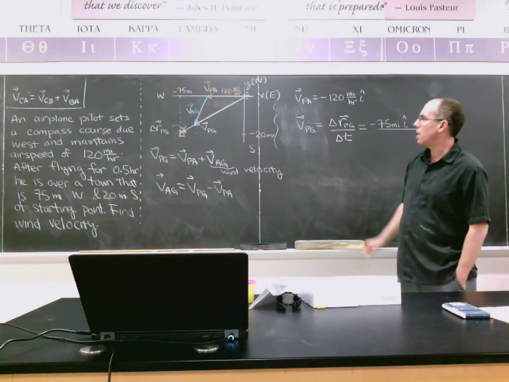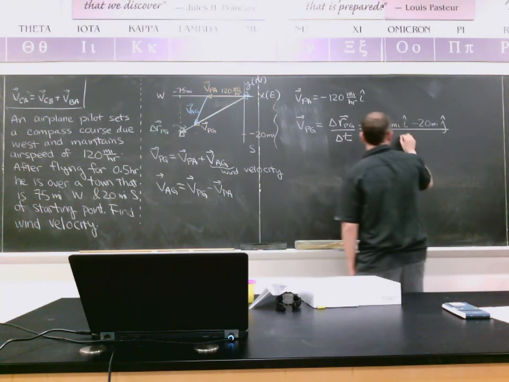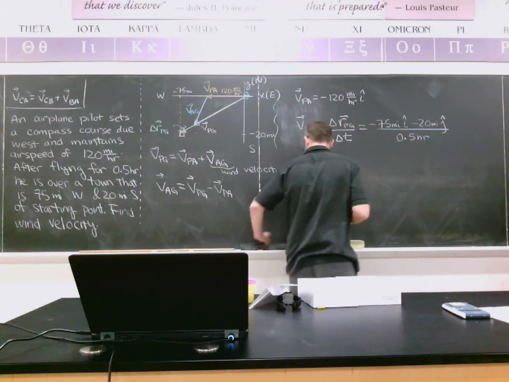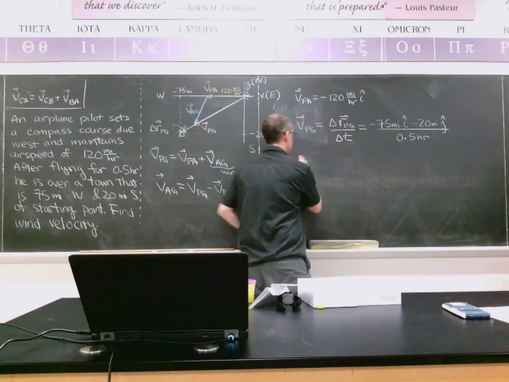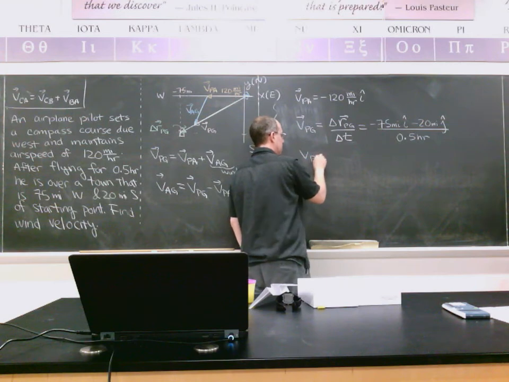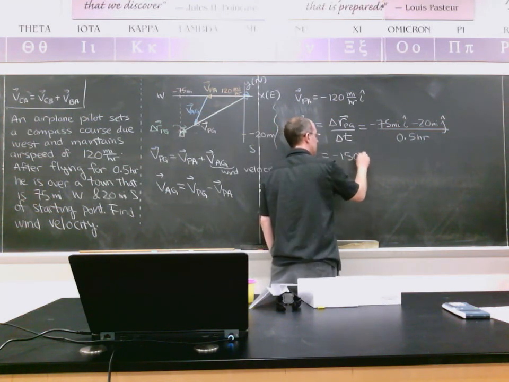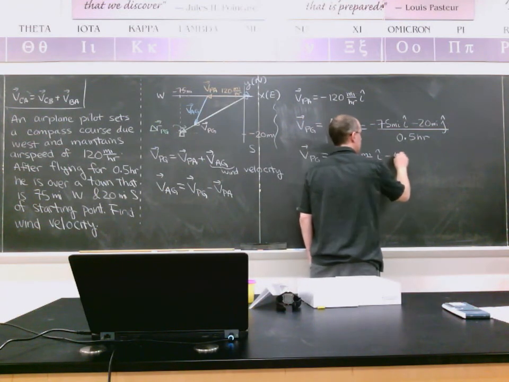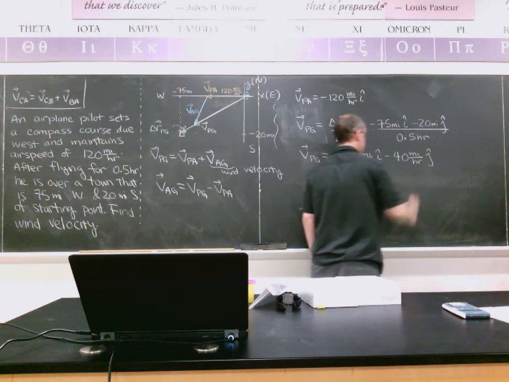And then the time interval for the process is a half hour. So just do the division, and we get velocity of plane with respect to ground equals minus 150 miles per hour i hat, minus 40 miles per hour j hat.